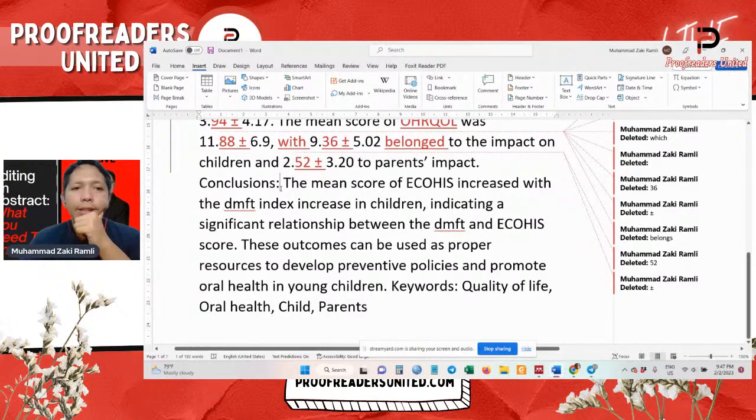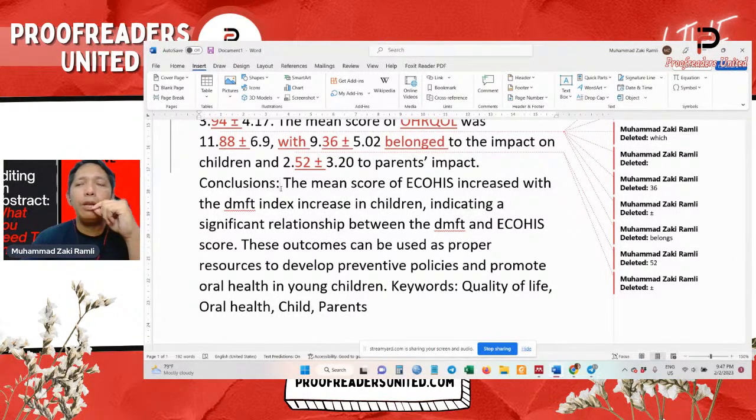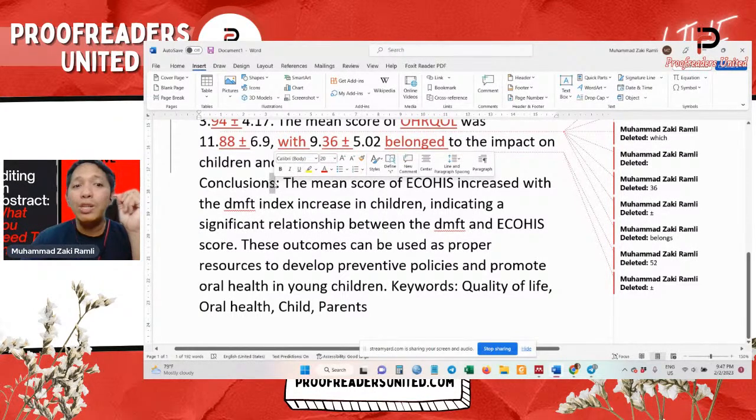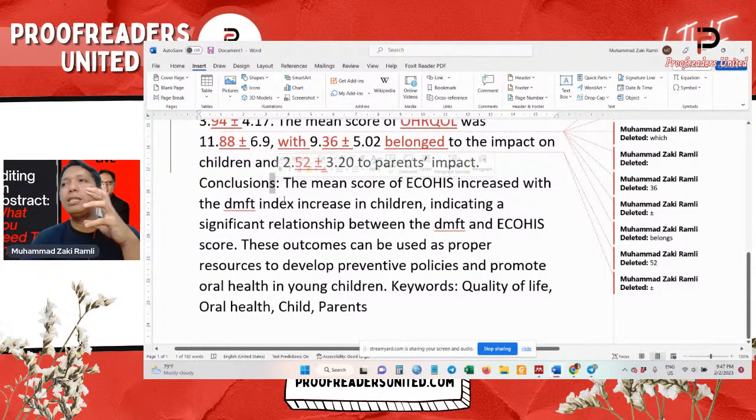But if there is only one sentence and only one point, it's best to just use the word conclusion without the s. Why? Because sometimes it's still one sentence, and there are at least two points in that one sentence.